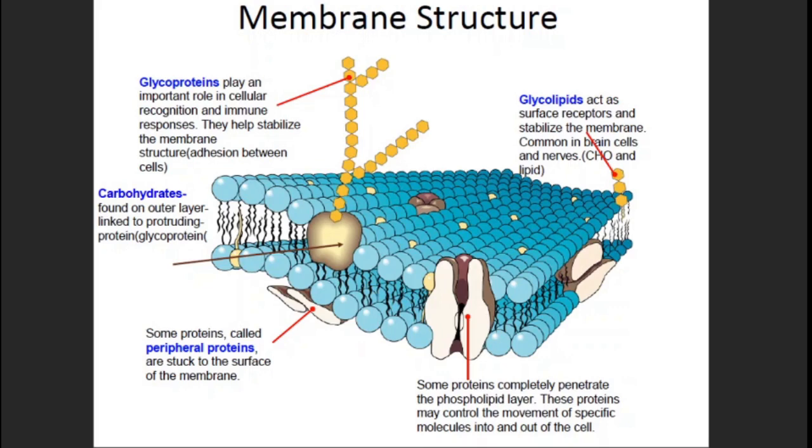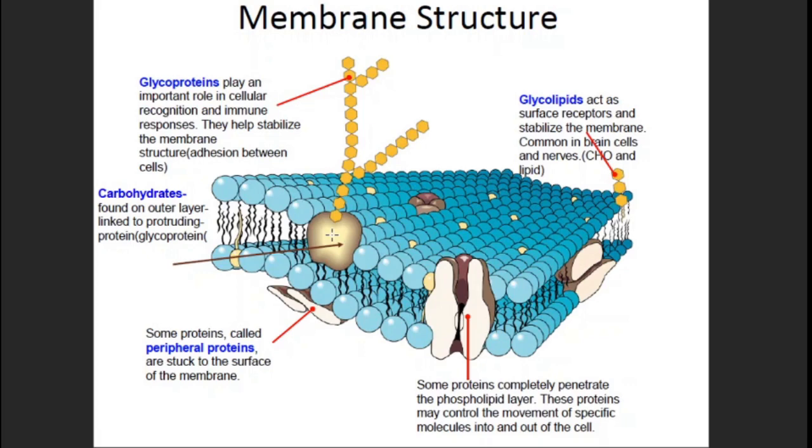The plasma membrane consists of different proteins, and these proteins in turn are associated with some carbohydrates and some lipids. So we call them glycoproteins. As the name suggests, they are carbohydrate and protein conjugates.